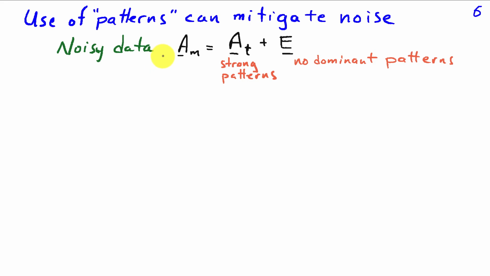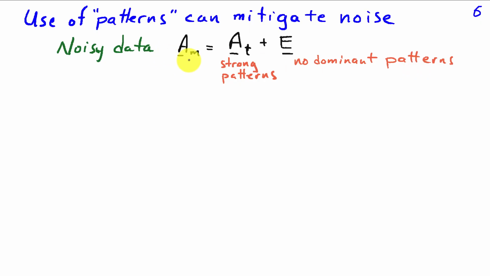For example, let's suppose I'm collecting features for a classification problem or a modeling problem, and there's noise present. So I have underlying features that I can't measure, which have strong patterns in them, and then I have this noise which really doesn't have any dominant pattern.